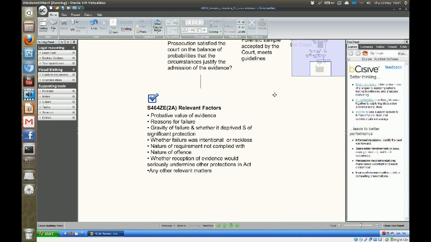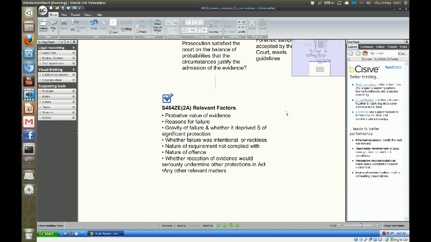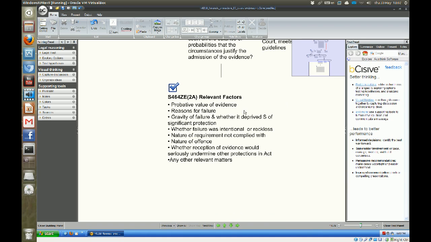And there are quite a few factors to take into consideration when the court is presented with an argument by the prosecution that the forensic sample should be admitted as evidence: the probative value of such evidence, reasons for failing to get the sample by legal means, the gravity of the failure, and whether it deprived the suspect of significant protection, whether the failure was intentional or reckless, whether the nature of the requirement was not complied with, the nature of the offence, whether reception of the evidence would seriously undermine other protections in the Act, and any other relevant matters.